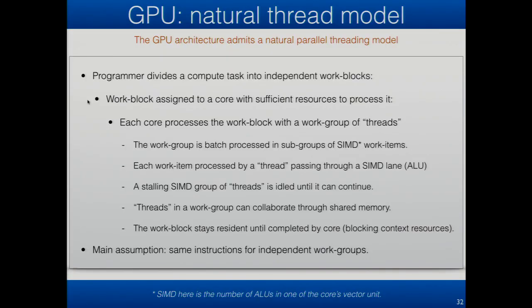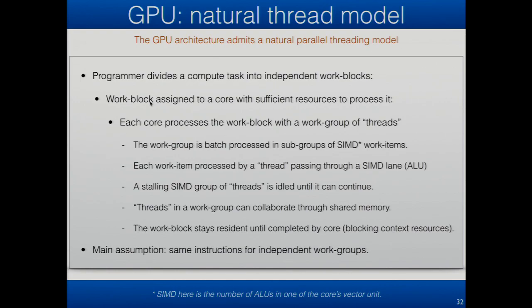So once you've got that abstract GPU hardware model in mind, how do you program this thing? Well, it suggests a natural thread model, which is, again, you push some work onto the programmer. NVIDIA likes to push work onto programmers. The programmer divides a compute task into independent work blocks, and the work for all those work blocks should be the same.